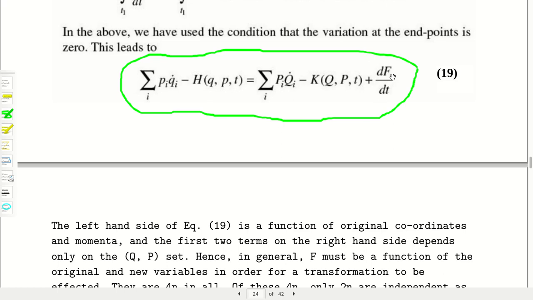So F in general is a function of the 4n coordinates, but you also have the canonical equations. So in the canonical equations the 2n variables are connected to each other, so the effective number of variables you have is n.